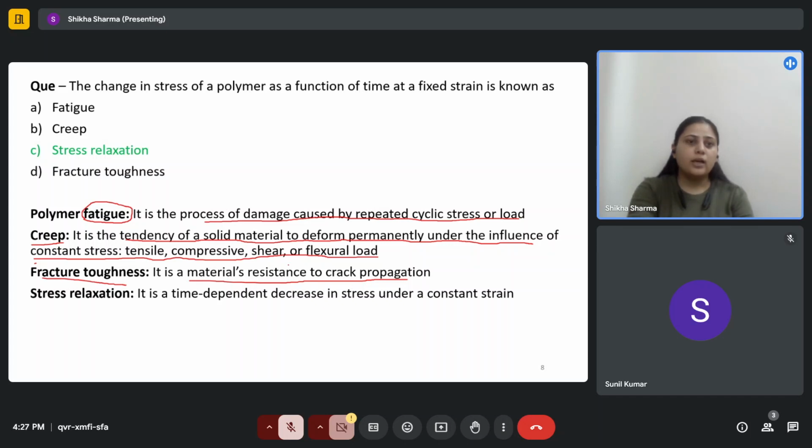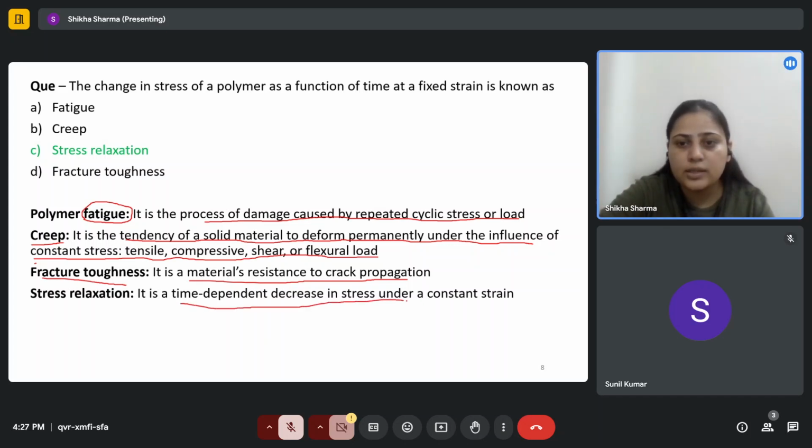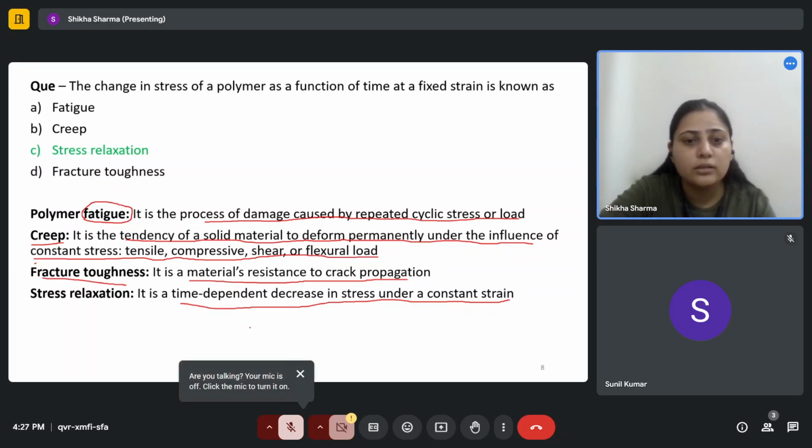And finally, our answer: stress relaxation is a time dependent decrease in the stress under a constant strain. When there is constant strain, how the stress is decreasing or changing with time is stress relaxation. So our option C is correct.